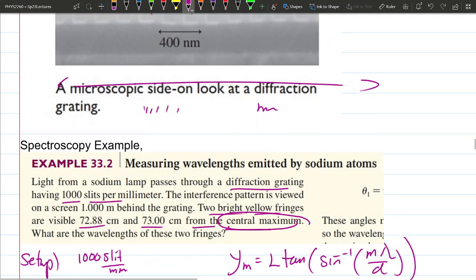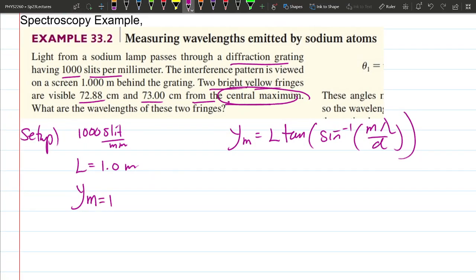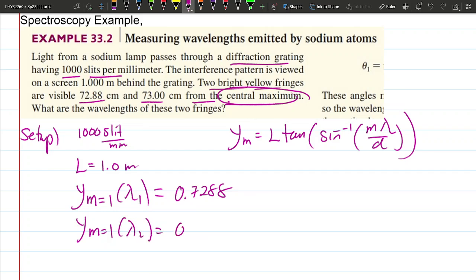So m is equal to 1. But there's two different lights, so let's call that lambda 1. That's going to be 72 point. Now let's convert that to meters, so I don't have to deal with the unit conversions. And then y sub the other one is also m equals 1. It's just a different wavelength of light, like the purple light versus the blue light. Lambda 2, that's 0.7300 meters.